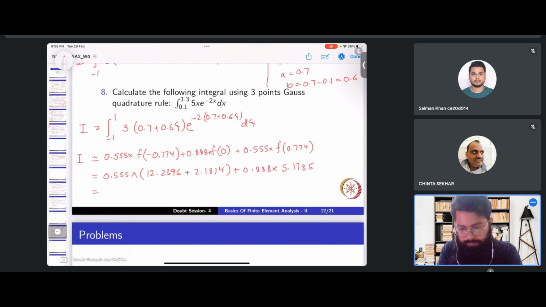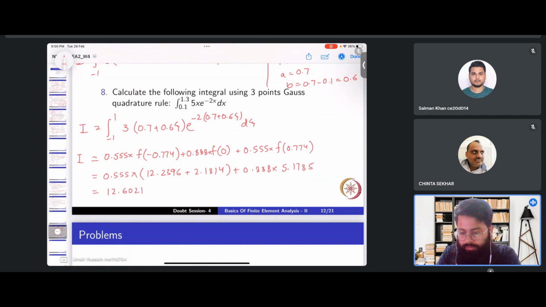So this gives us 0.555 times (12.2396 plus 2.1814) plus 0.888 times 5.1785, which is 12.6021.